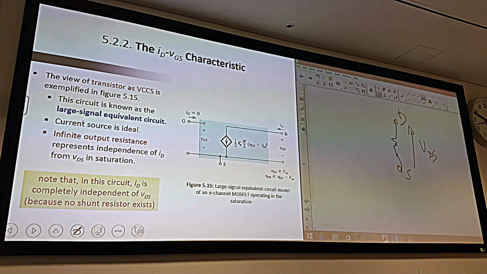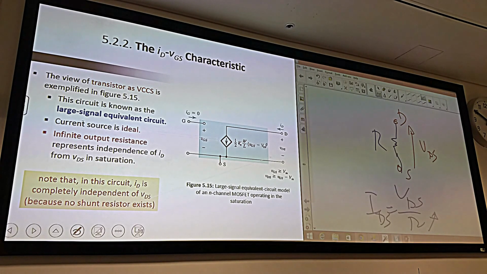If we have here a resistor, there is no question about it, I trust Ohm's law. So VDS is actually delta V. VDS divided by R will give me ID. Now, if the resistor is super high, there will be no current going through. It's like an open circuit.